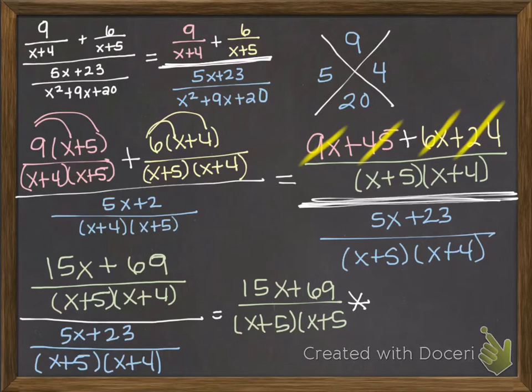So now I have (x plus 5) over, times (x plus 4), and I do see that mistake there now. Fix that, I got carried away with the 5s. That should have been a 4, close parenthesis.